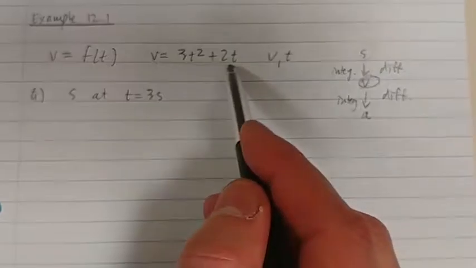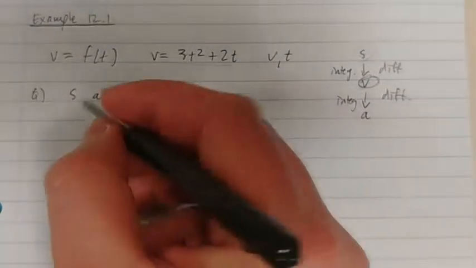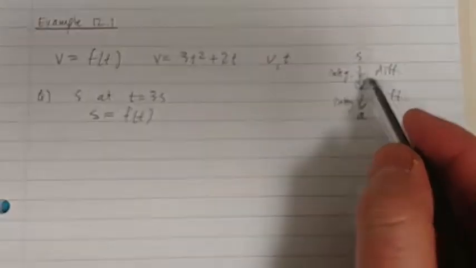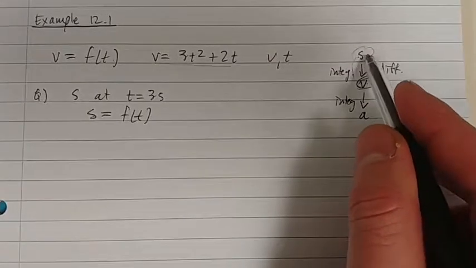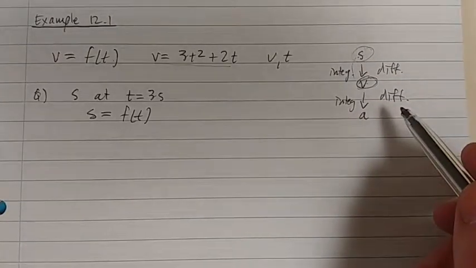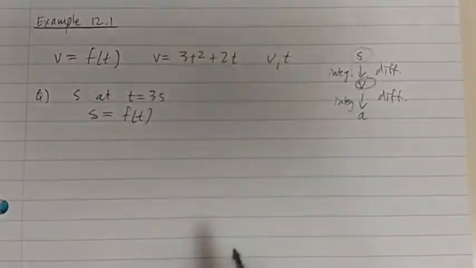If we've got velocity as a function of time and we want position as a function of time, we are going to have to integrate our velocity to get to our position. But if you're not at this point yet, look at the variables involved in the problem.